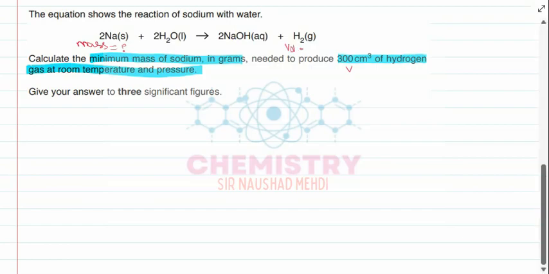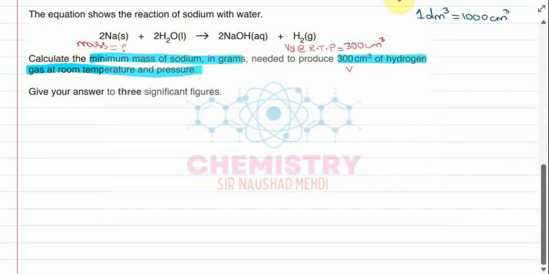So the volume of hydrogen gas is given to you at RTP, room temperature and pressure, and that is 300 cm³. Now since the volume is given in cm³, I have to convert this volume into dm³ first, and you must know the conversion that 1 dm³ equals 1000 cm³.